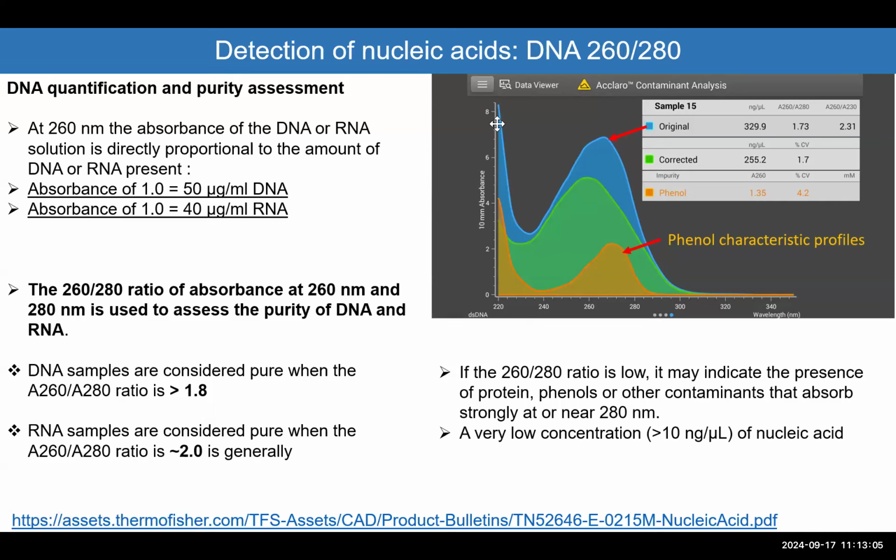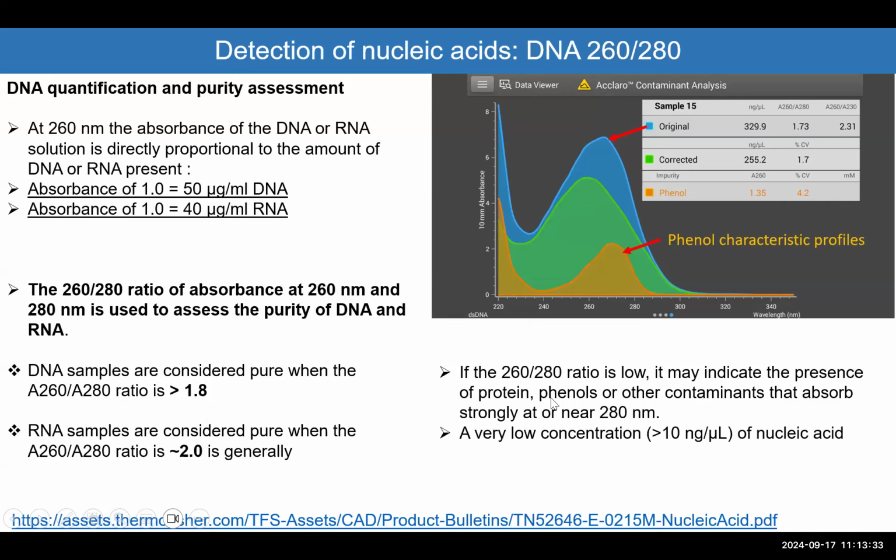Where does the curve start? If it starts very high, you have to be careful. And the other thing is the shift in that curve toward the 280: does it have proteins or phenols, which is the reason the shift takes place? And this would be a typical pure DNA curve.